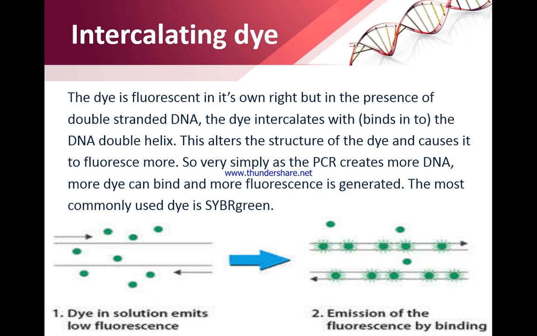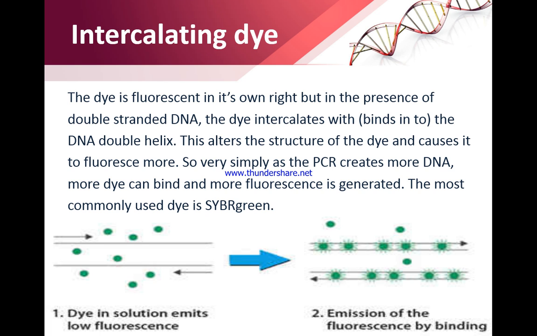The dye is fluorescent in its own right, but in the presence of double-stranded DNA, the dye intercalates with the DNA double helix. This alters the structure of the dye and causes it to fluoresce more. So, very simple: as PCR creates more DNA, more dye can bind and more fluorescence is generated. The most commonly used dye is SYBR Green.